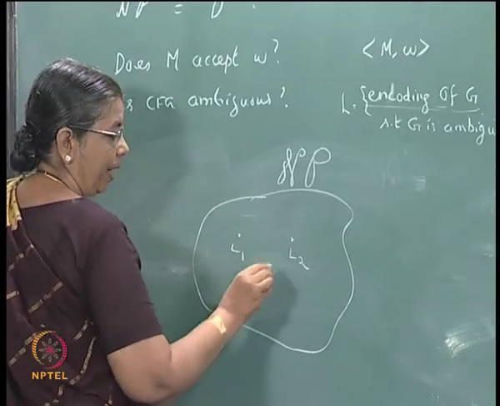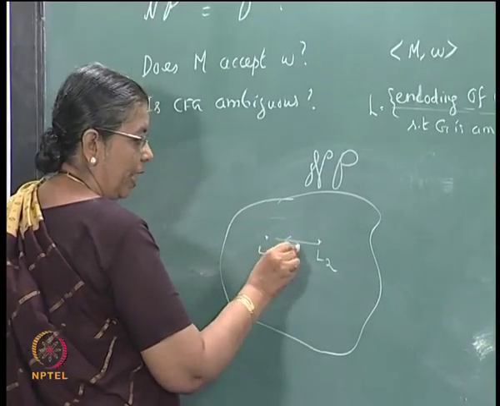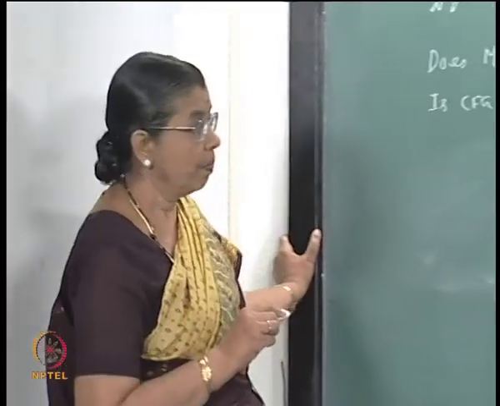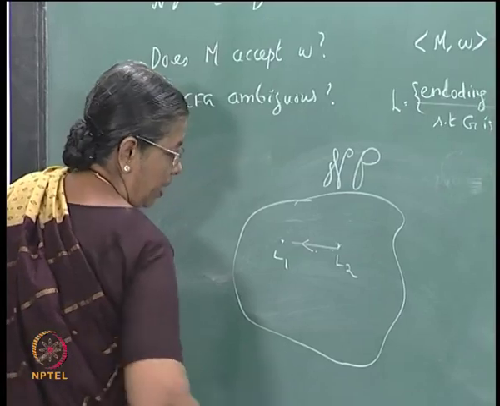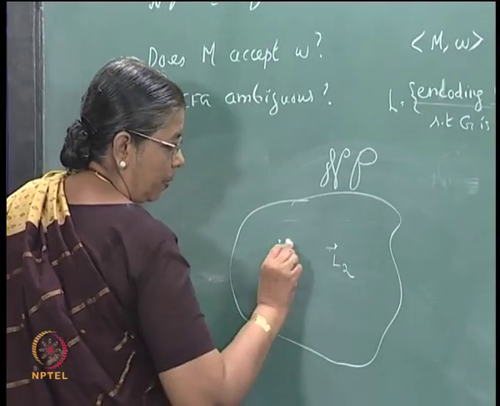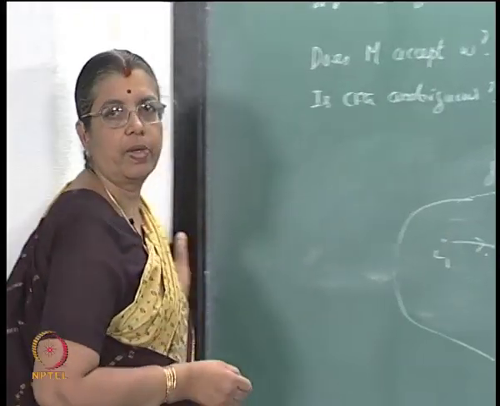L1 is NP complete, and if you can reduce L1 to L2, then L2 is also NP complete.